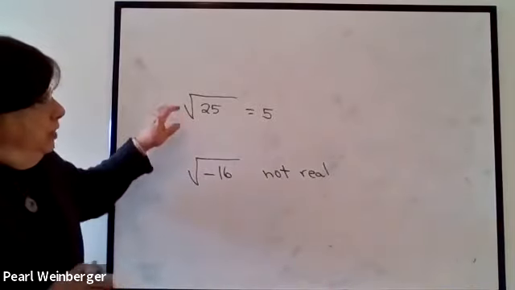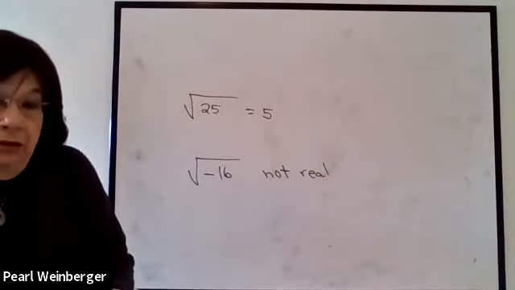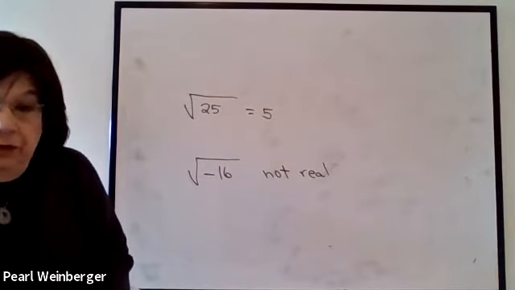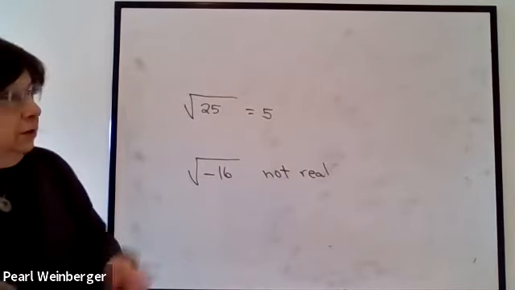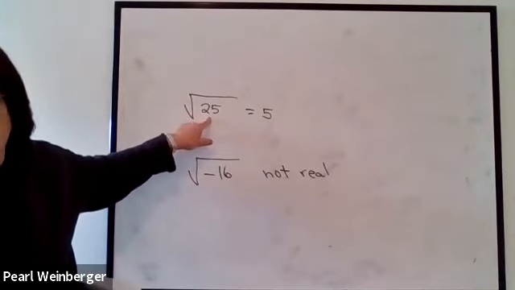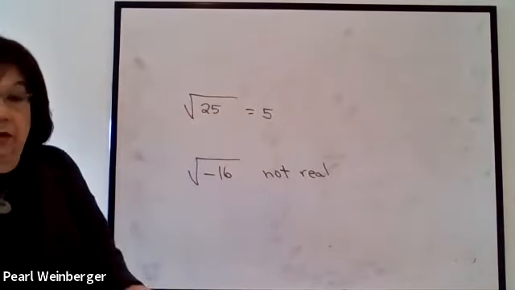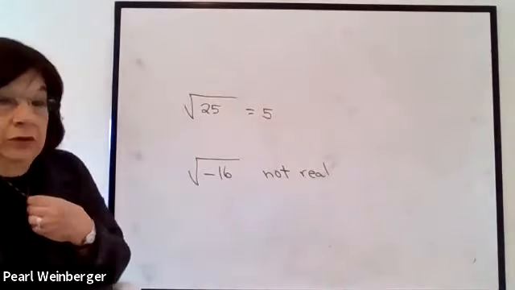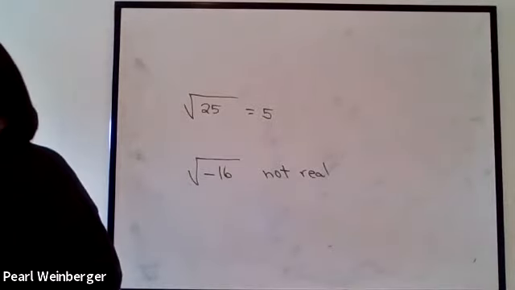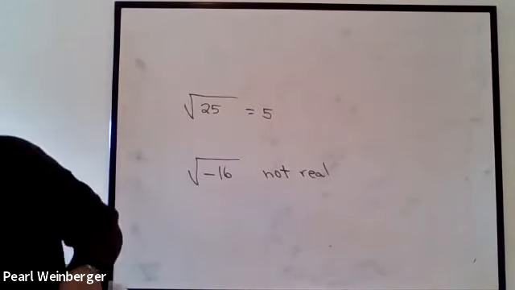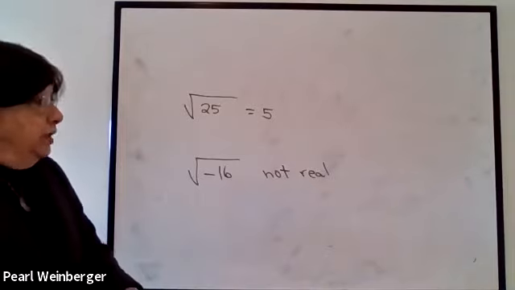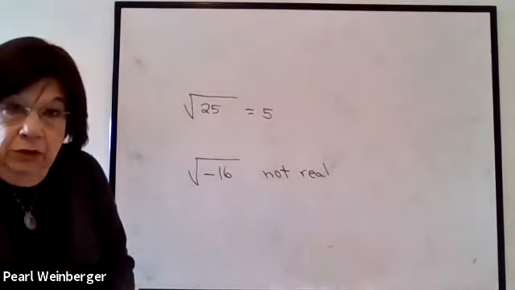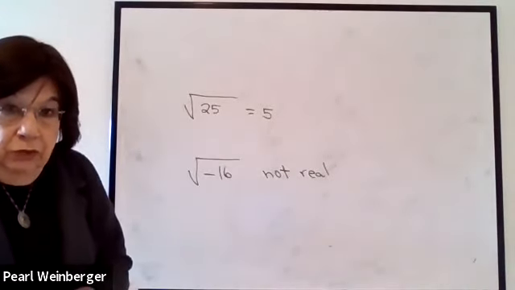This is something that you really have to learn how to use your calculators with, because most of these square roots, unless they're nice perfect squares like 25, a number that we know is 5 times 5, we are going to need a calculator. So if you haven't used a calculator until now, it is of utmost importance that you get your calculator and start working with it now.